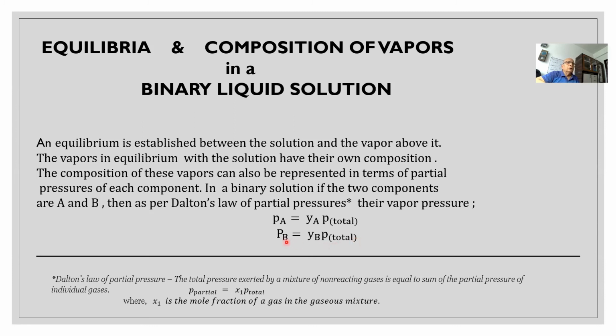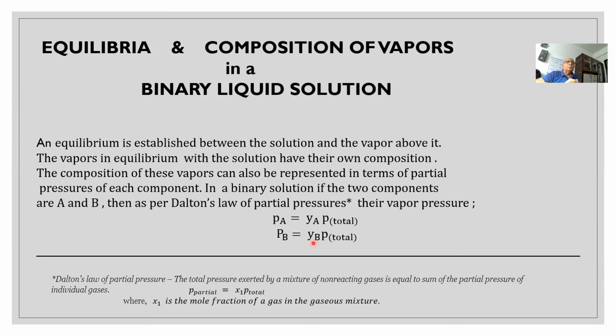Therefore, partial pressure of A will be equal to YA into total pressure. It has to be different than what it was there in the solution. And that's why we write here as Y. That's why we have to represent it with the letter Y, YA and YB.